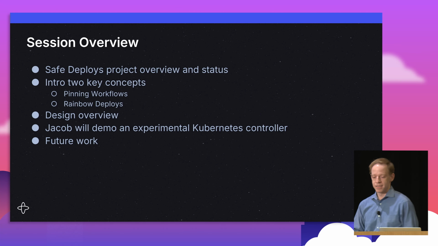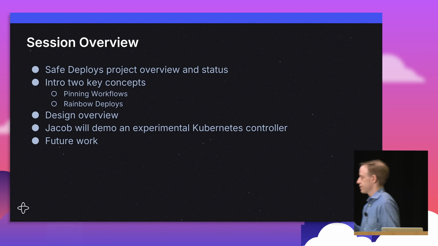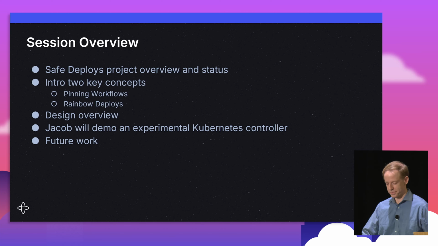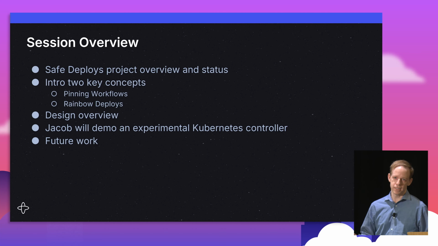Okay, so this is a topic that I think is important to a lot of you here, and so I'm excited to present. We are talking about safe deployments, and I want to tell you a little bit about the project that's going on at Temporal, what its status is.